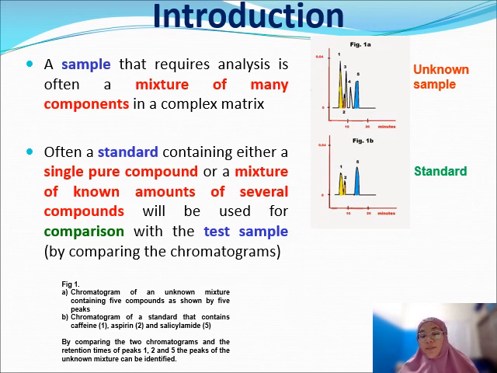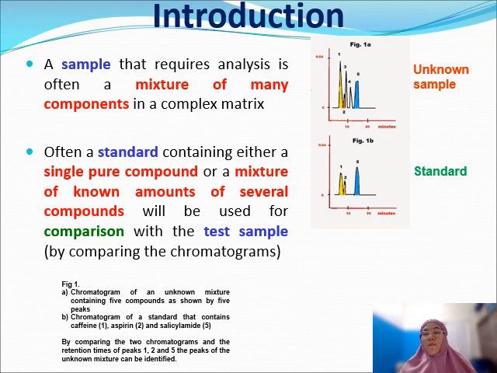Okay, what is a standard? A standard is a single pure compound, or it also can be a mixture of known amounts of several compounds. Okay, this is used to compare with our samples. Okay, as you can see, this is a chromatogram. Okay, from our sample extract kita dapat these peaks lah, 1, 2, 3, 4 and 5 peaks, and then we don't know actually what is the meaning of these peaks.